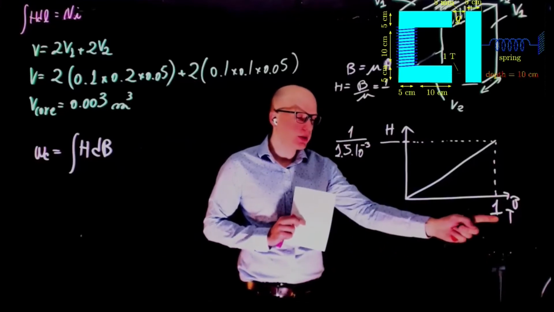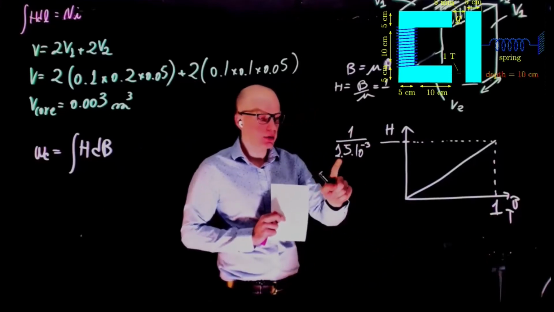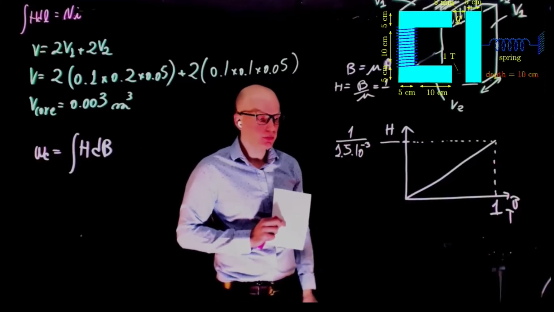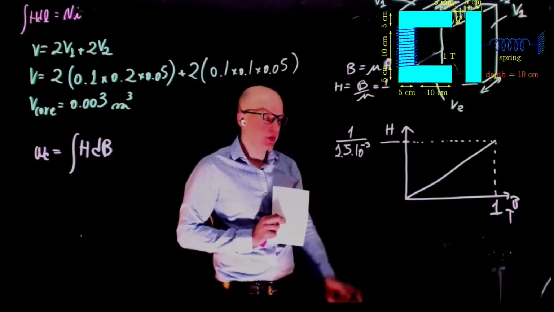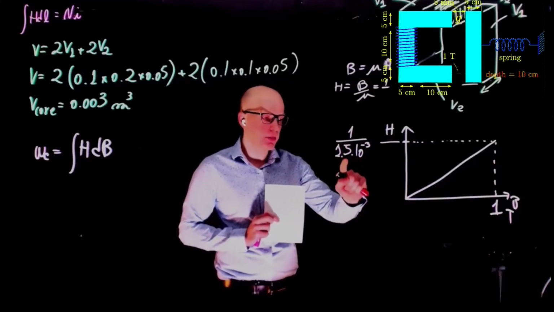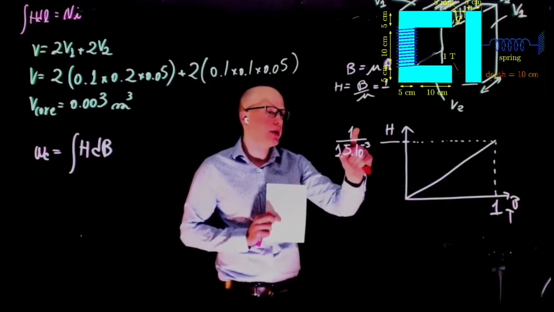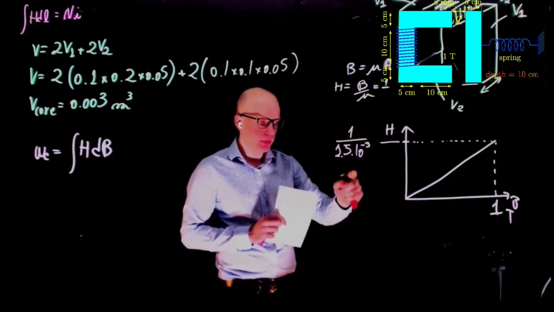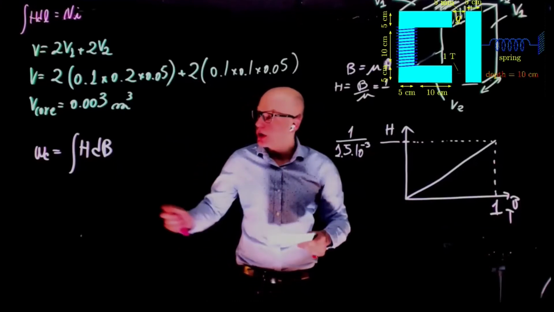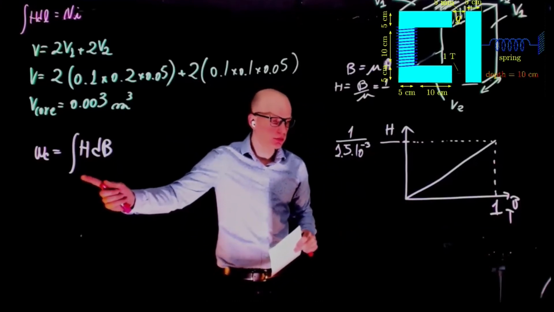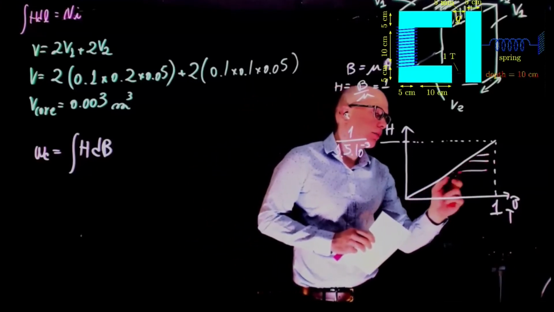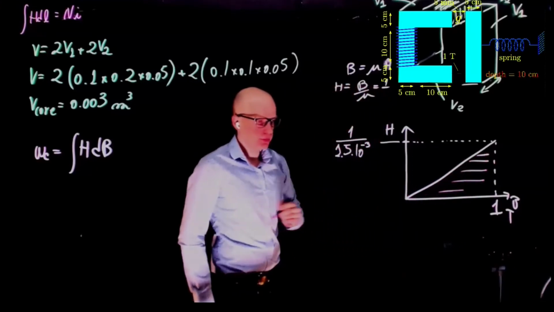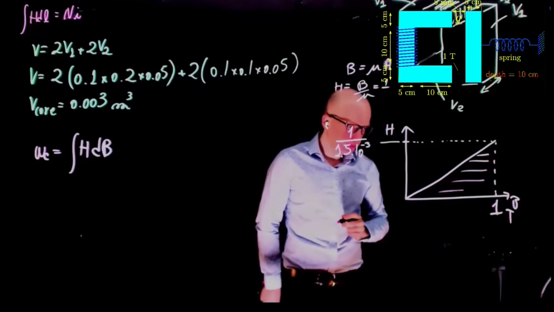Now, when you are at 1 Tesla, we are at 1 over 1.5 times 10 to the power of -3. This is B over mu. And what is this integral? Well, it's this area. How to calculate that area?